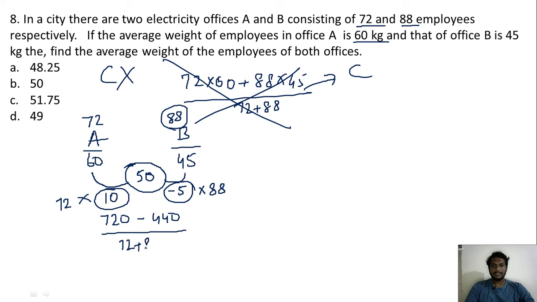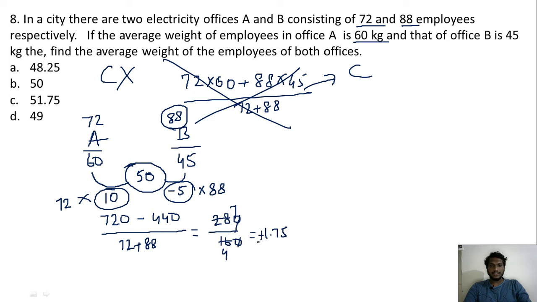Here you get 720 minus 440 is 280 divided by 72 plus 88 is 160. Here 0 and 0 gets cancelled. 4 into 4, 4 into 7 and 7 by 4 is 1.75.